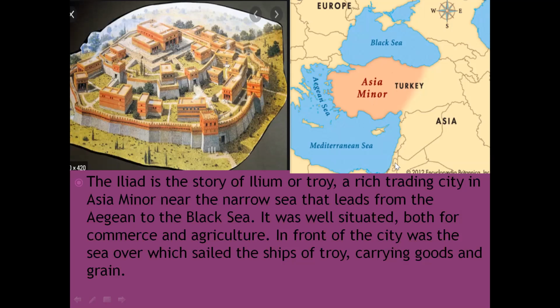It was a rich city for trading business and also for agriculture. There was a sea in front of this city, and ships were always ready to carry grains and goods from this city to another city, just for business.